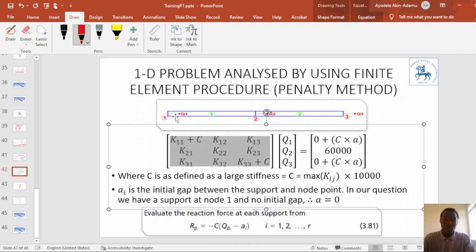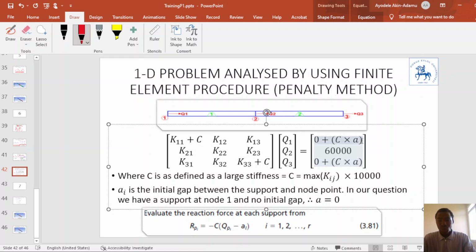And since we have support at node 1 and node 3, we add the last stiffness at 1,1 of the stiffness matrix and at 3,3 of the stiffness matrix. Also, because we have a gap problem at node 3, we need to add C times the length of the gap. A is the length of the gap.